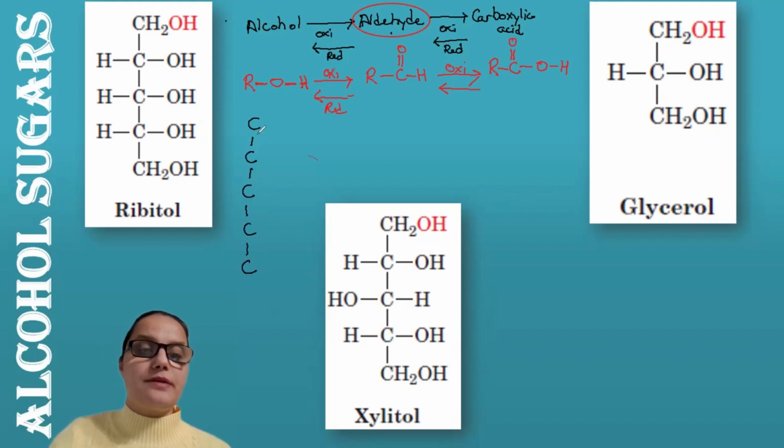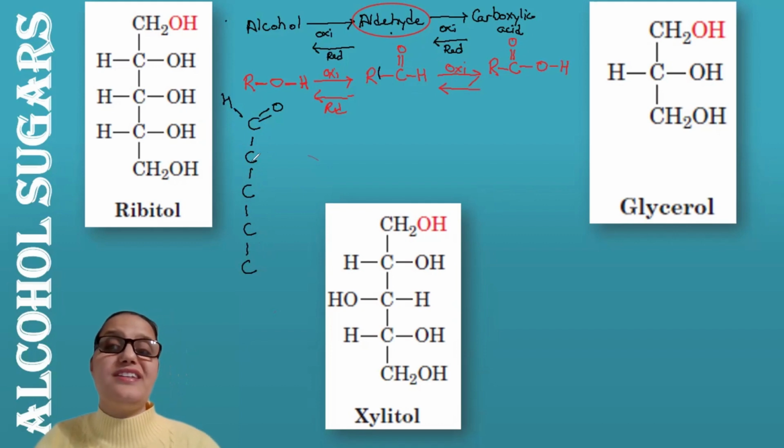In those 5 carbons, the uppermost carbon is associated with a carbonyl group and hydrogen, just like over here. This is the R form. It is not a simple aldehyde, it is a polyhydroxyaldehyde.